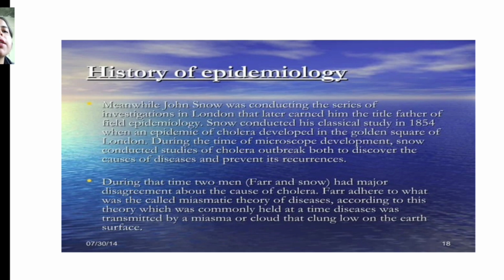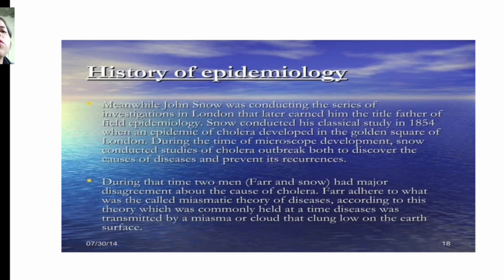Snow conducted his classical study in 1854 when an epidemic of cholera developed in the Golden Square of London. During the time of microscope development, Snow conducted studies of the cholera outbreak to discover the causes of disease and prevent its recurrence.